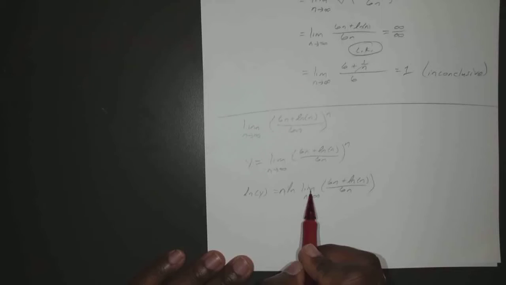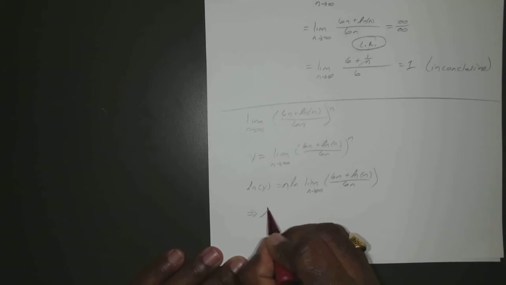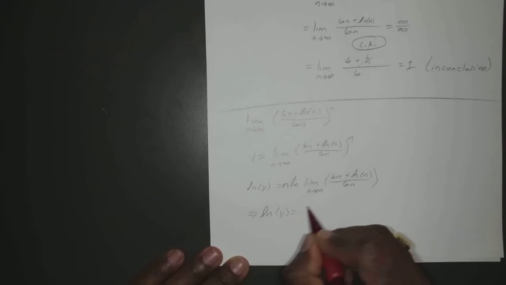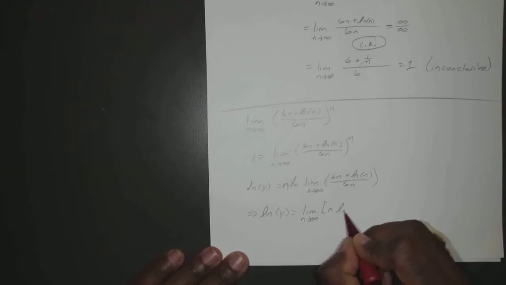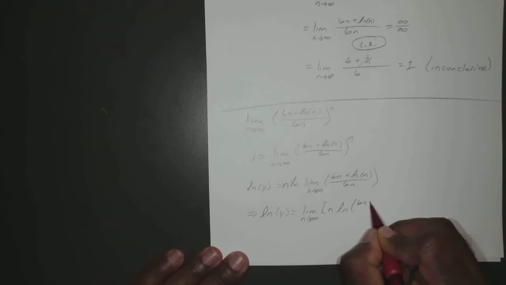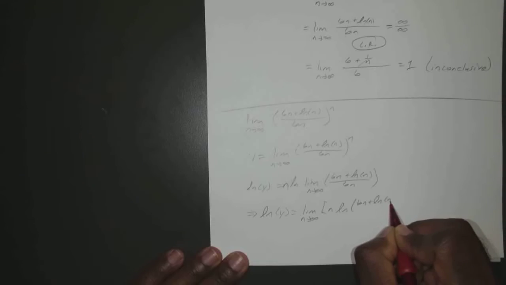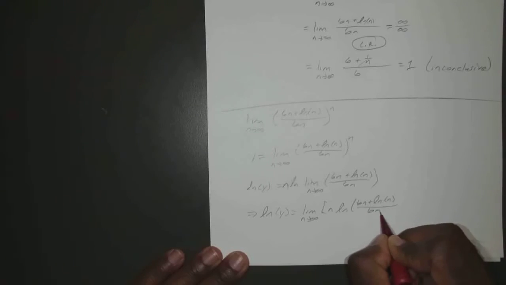Okay, so we can go ahead and switch those two, which gives us natural log of y equals the limit as n approaches infinity of n natural log of (6n plus natural log of n all over 6n).